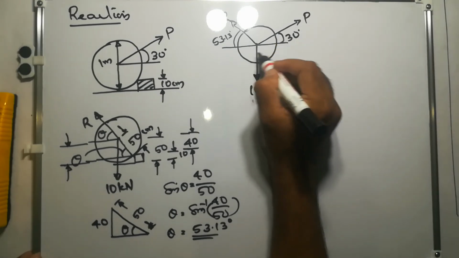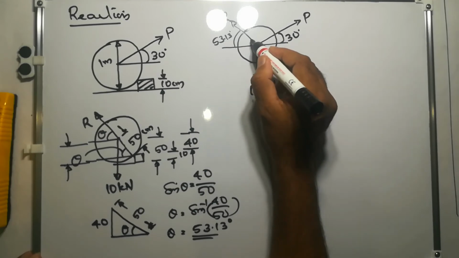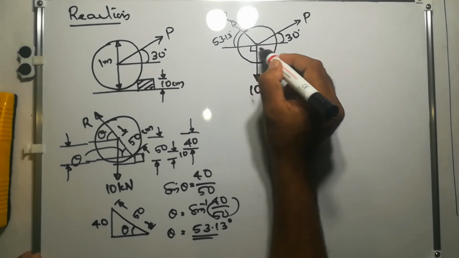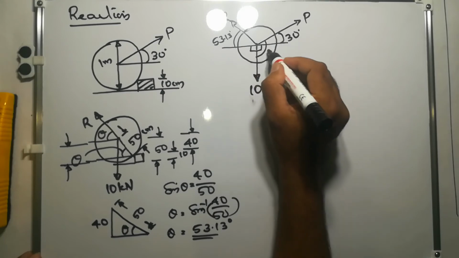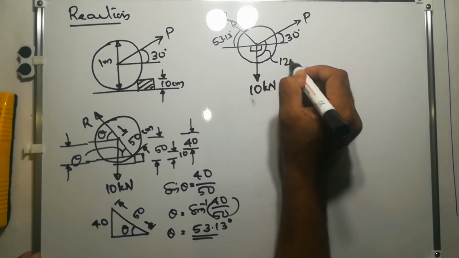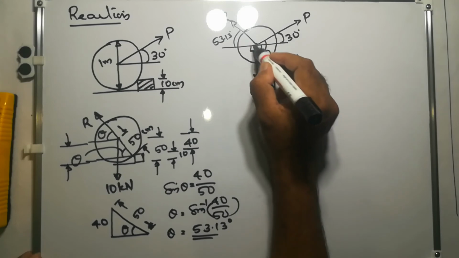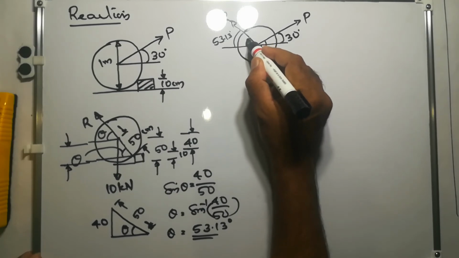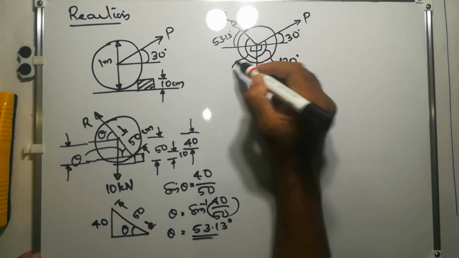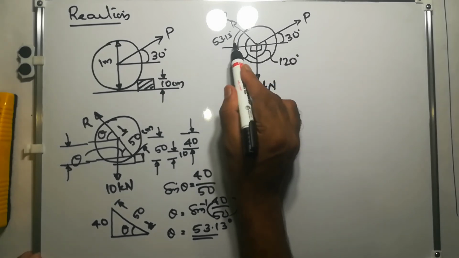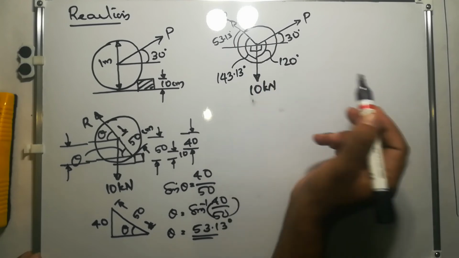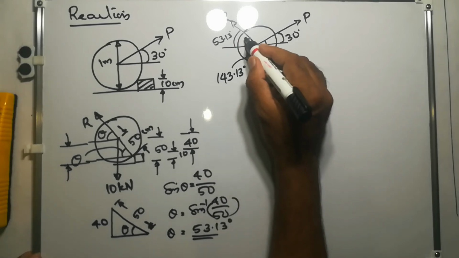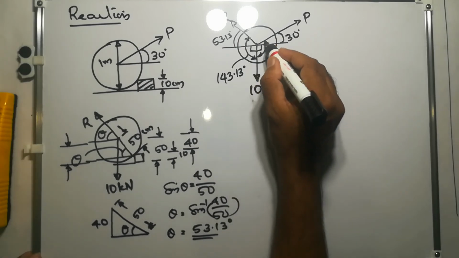For that we need the angles. We know this angle is 90 degree, this angle is also 90 degree, so this total angle will be 120 degrees, and this is 90 degree, this is 53.13, so this total angle will be 90 plus 53.13, that means 143.13 degrees, and this is 120 degree.